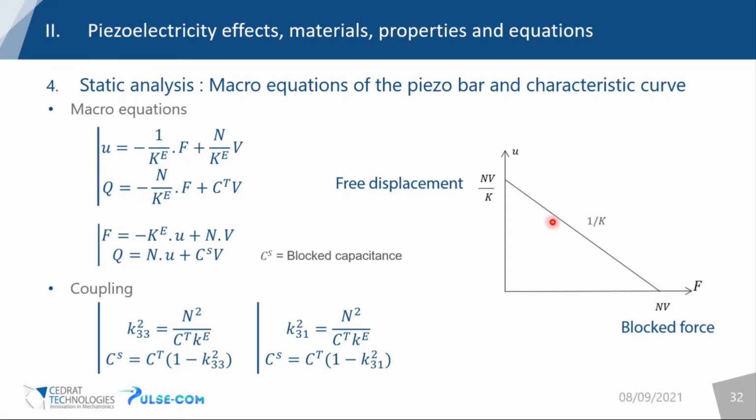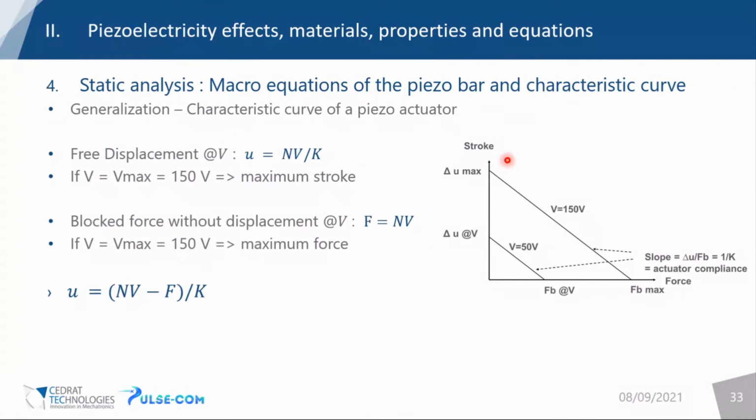But on the opposite, if you have a free displacement, so the force is equal to 0, you would have the highest displacement possible. This is what I try to explain here.